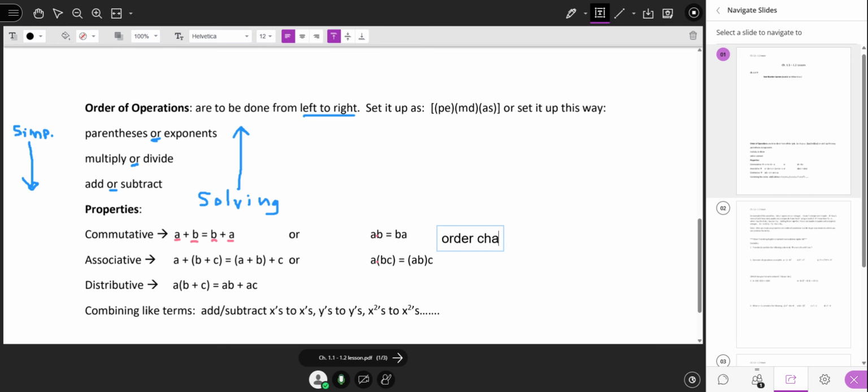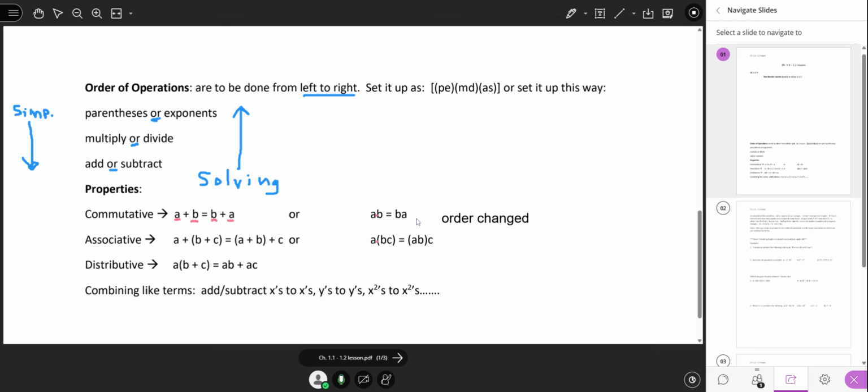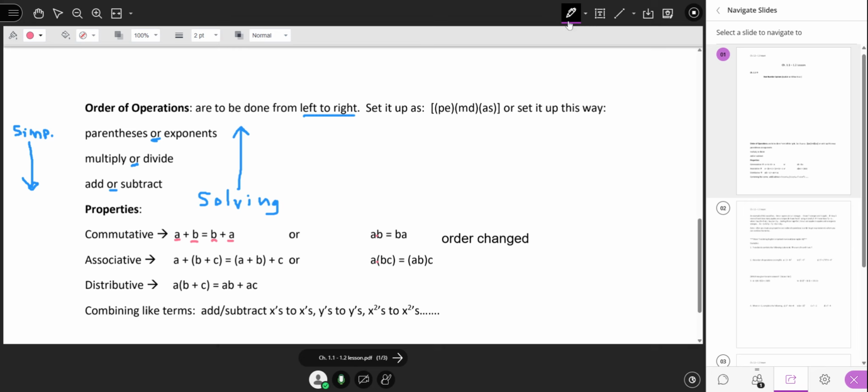Order changed. And also, notice I keep changing color. Color increases memory.